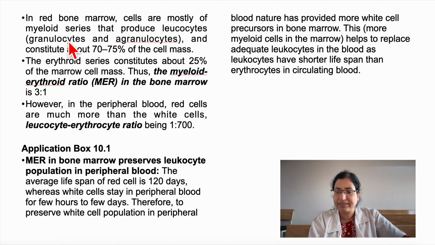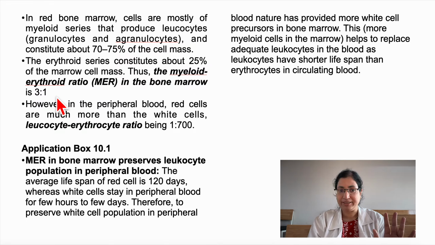Eosinophils, neutrophils and basophils, they are called granulocytes, and agranulocytes, monocytes and lymphocytes, and constitute about 70 to 75% of the cell mass. The erythroid series constitute about 25% of the marrow cell mass. Thus, the myeloid erythroid ratio in the bone marrow is 3:1. So, this is MCQ. You have to remember this.